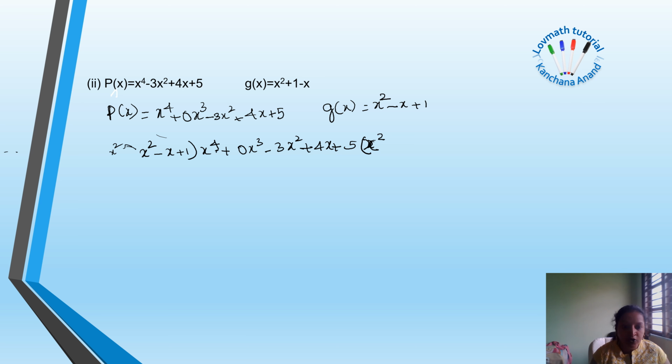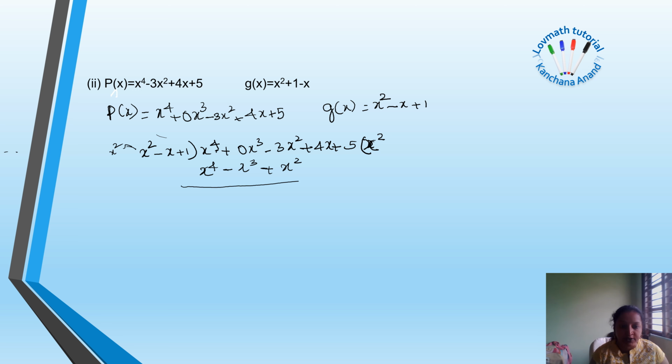So x square into x square is x to the power of 4, minus x into x square becomes minus x cube, and x square into 1 becomes plus x square.